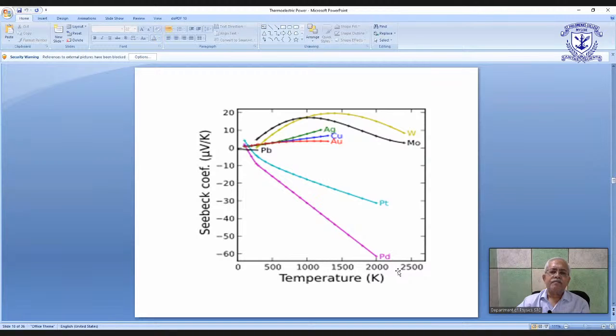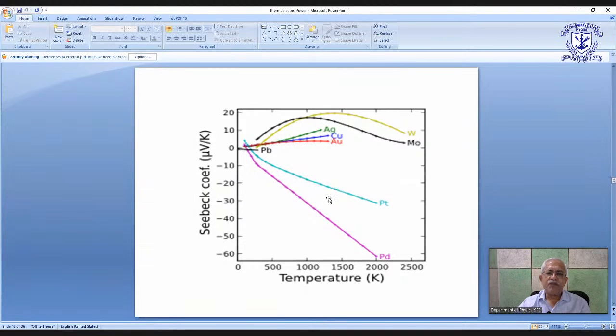Notice that, for instance, if you take lead, its Seebeck coefficient is slightly negative. If you take platinum, then even at room temperature the Seebeck coefficient is positive, and if you increase the temperature, the Seebeck coefficient becomes 0 at some point and then becomes negative and decreases.